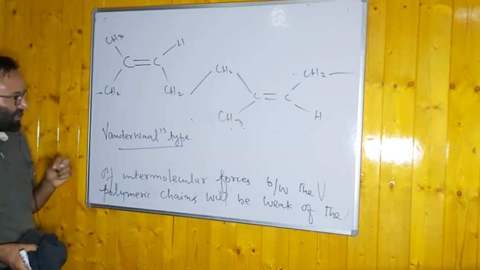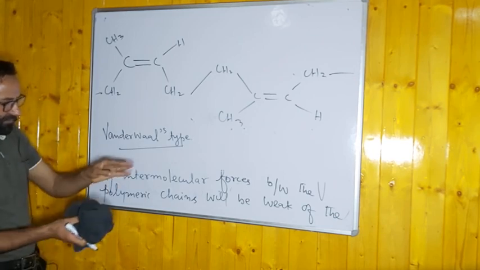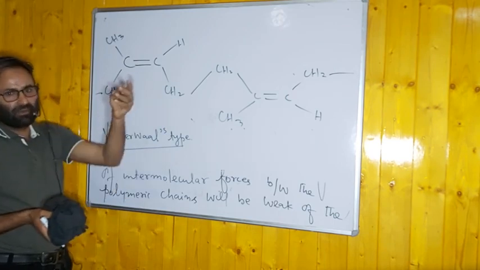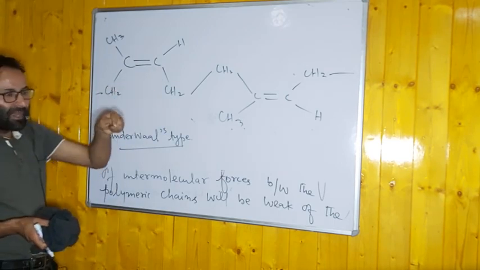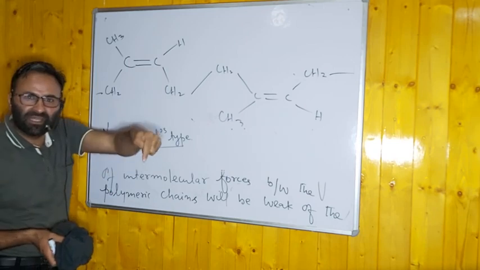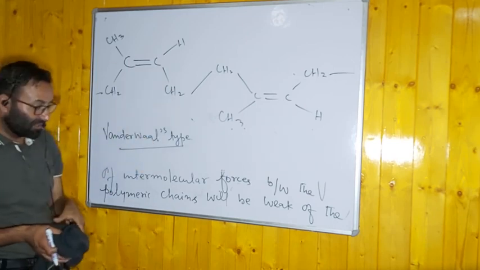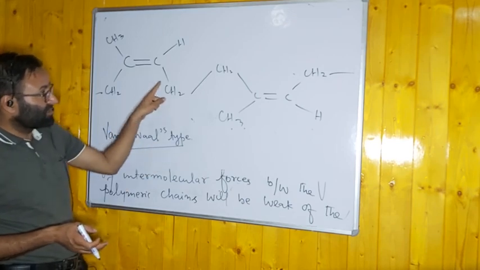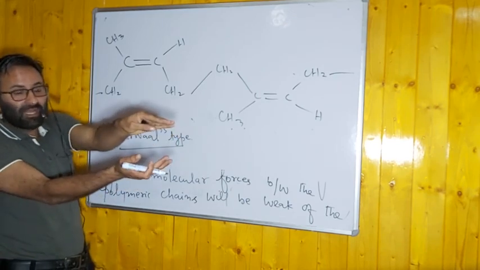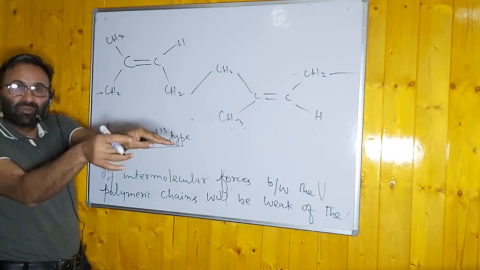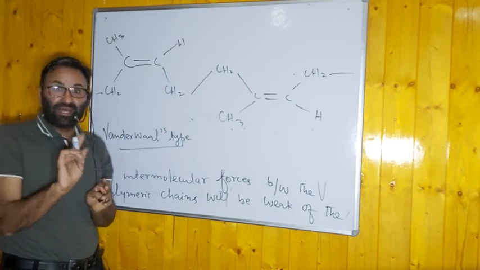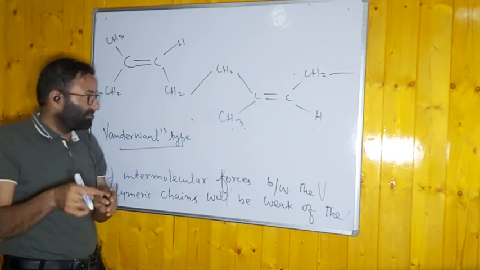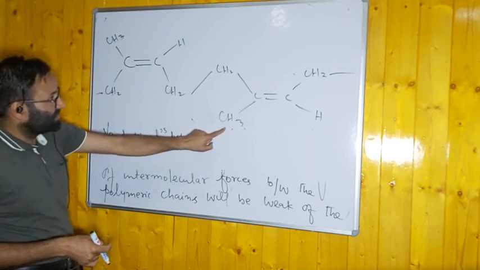Now the second point is, the first is that the interaction is weakest of the van der Waals type. Second, the magnitude of interaction gets further decreased by the stereochemistry. It means by the cis orientation. This cis orientation does not allow the polymeric chains to come close to each other because of this methyl group.